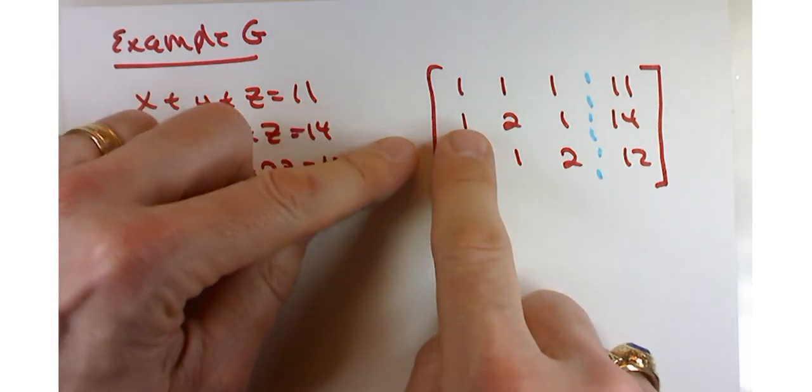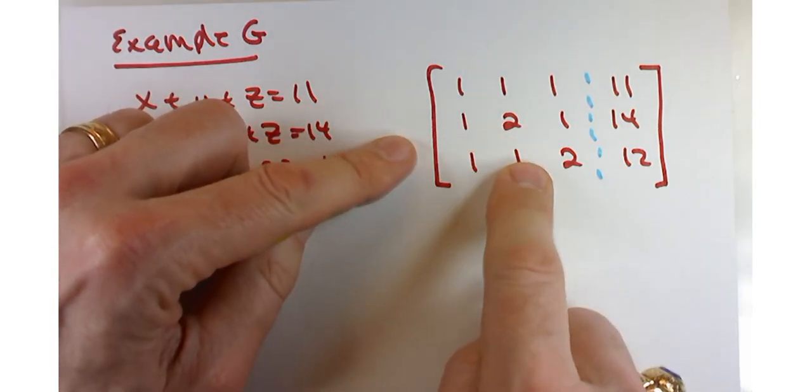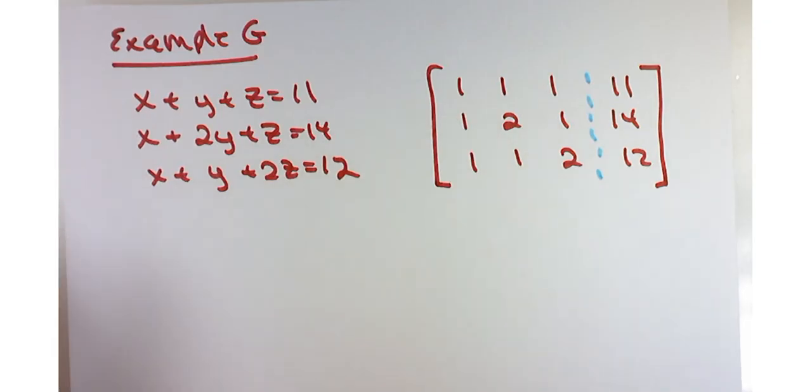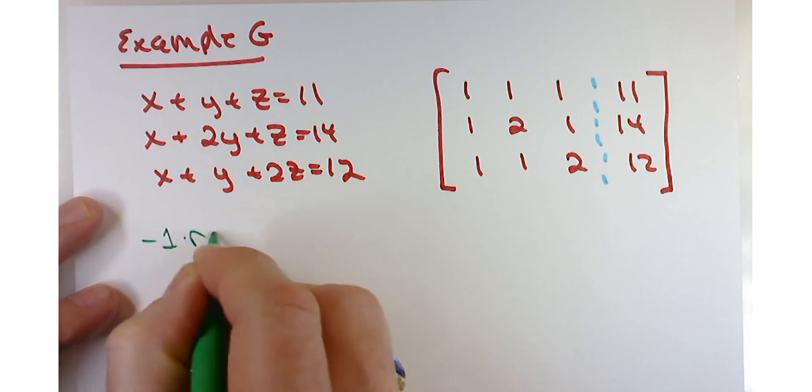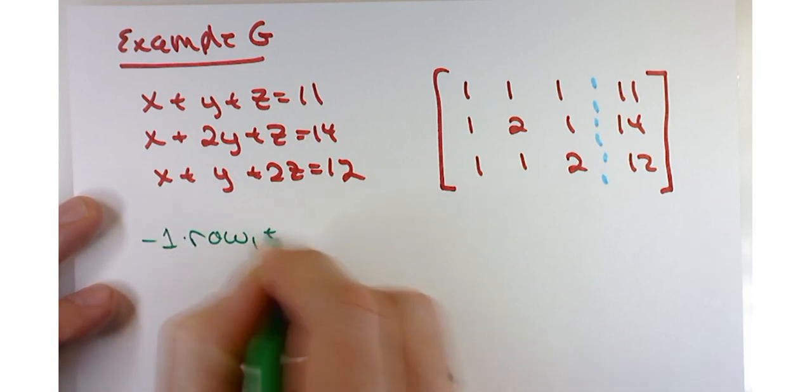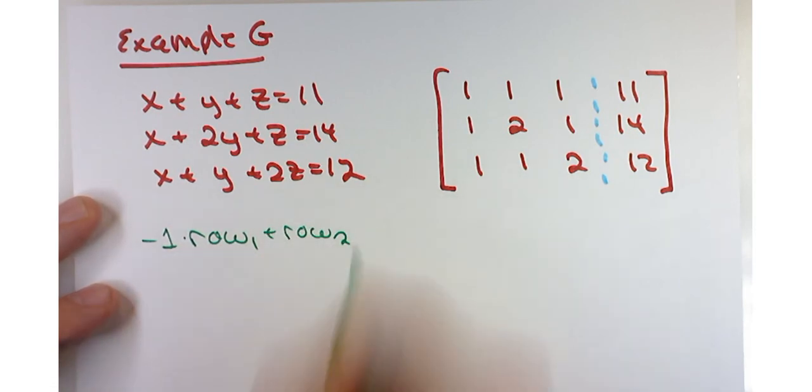I want to get zeros here, here, and then here. What's the first order of business? How do I get that first 0? Multiply 1 by -1. Yeah. -1 times row 1 added to row 2. So let's just keep a little list of those things. -1 times row 1 added to row 2.